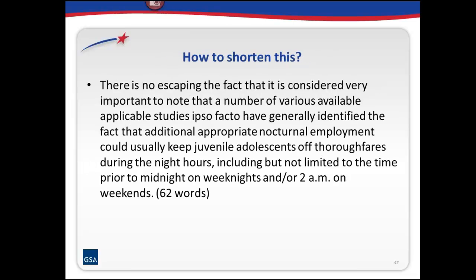How would you shorten this? There is no escaping the fact that it is considered very important to note that a number of various available applicable studies, ipso facto, there's sprinkling in legal terms again, have generally identified the fact that additional appropriate nocturnal employment could usually keep juvenile adolescents off thoroughfares during the night hours, including but not limited to the time prior to midnight on weeknights and/or 2 a.m. on weekends.